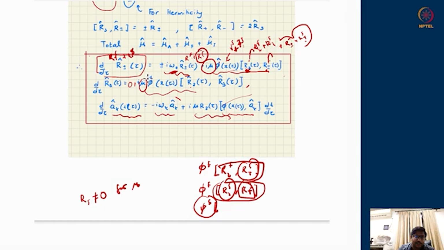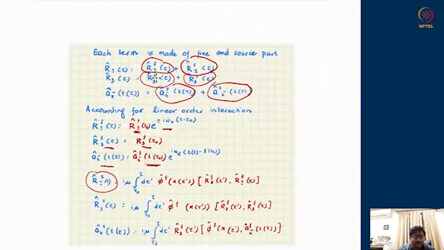So that means at the leading order, mu with all free parts would be order mu. If any of these things develops an rs or phi s or r3 of s, then basically what we mean is that it is a next order term, it is an order mu square term, and so on.